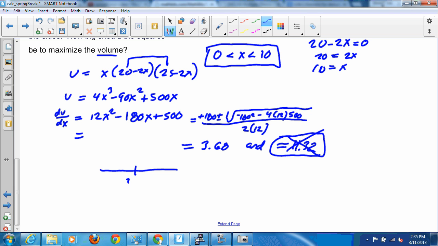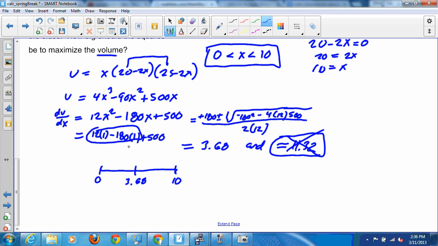But if we're going to maximize this, our endpoints are 0 and 10, right? So if we pick a number like 1 and plug it into our derivative, we have 12 times 1 squared minus 180 plus 500. Well, 12 minus 180 is a negative 168.